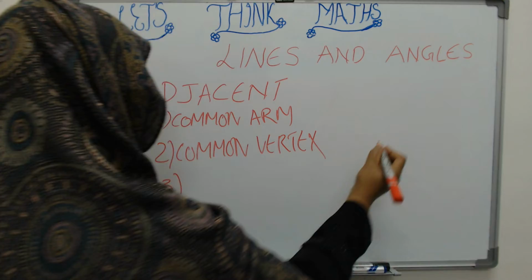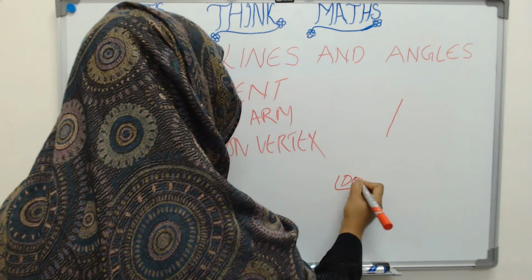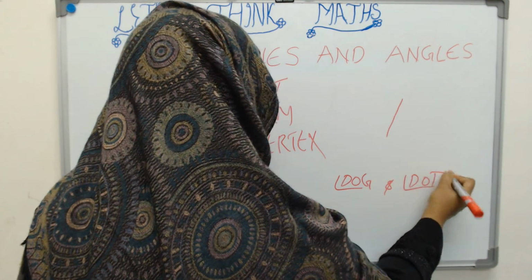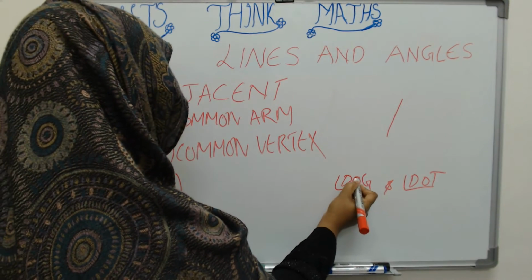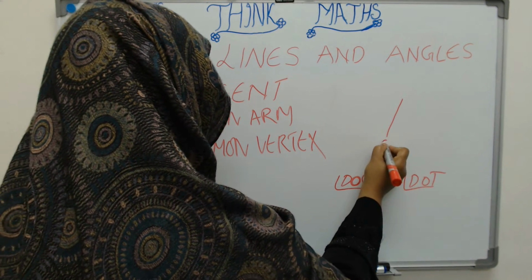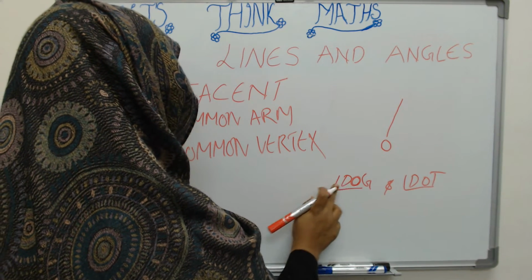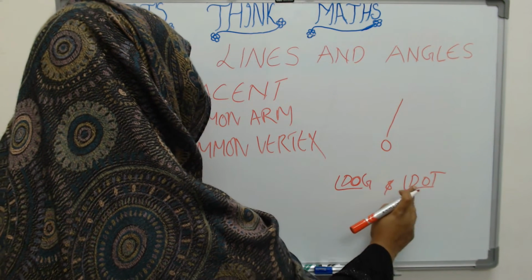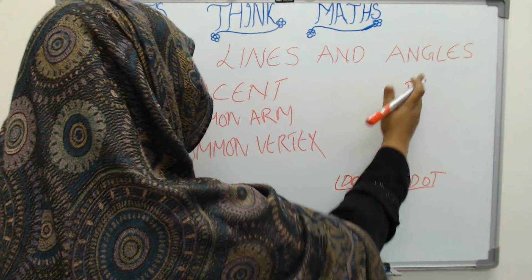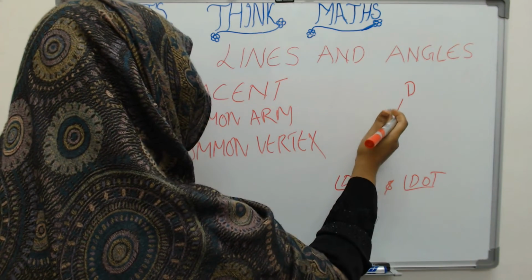Let us see how it looks like. Suppose we are talking about 2 angles DOG and DOT. Let us see how they look like. Obviously the vertex is O, that is what is coming in the middle. So obviously the vertex is O, and the common arm will be DO, because here also you see a DO, here also you see a DO, right? So this is the common vertex and this is the common arm.